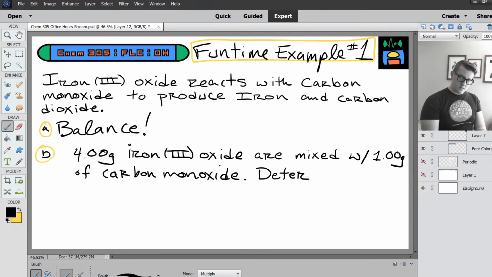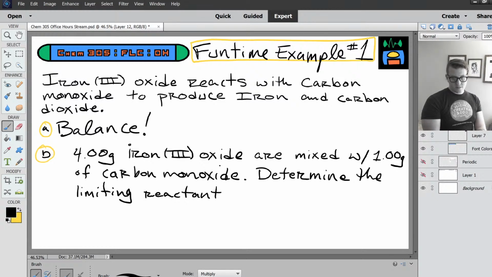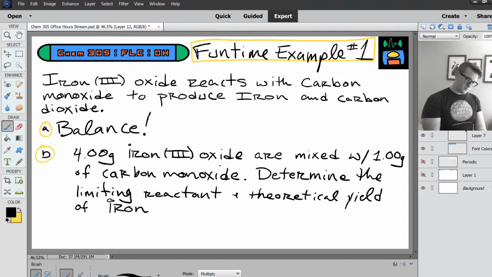Determine the limiting reagent and theoretical yield of iron, ABC.